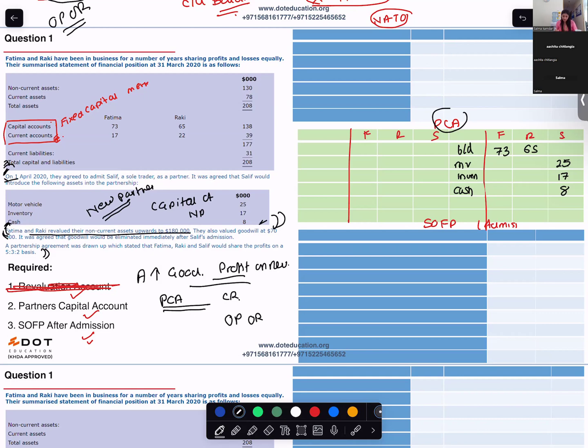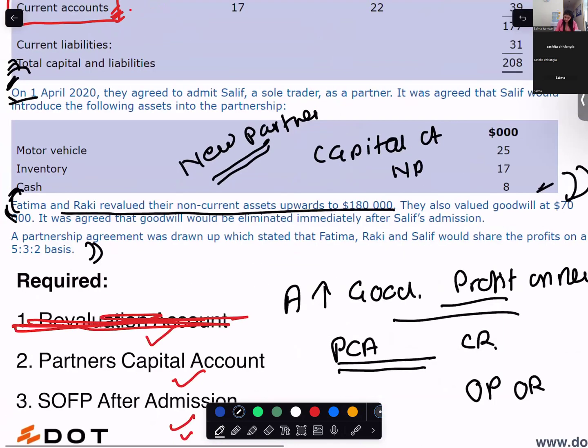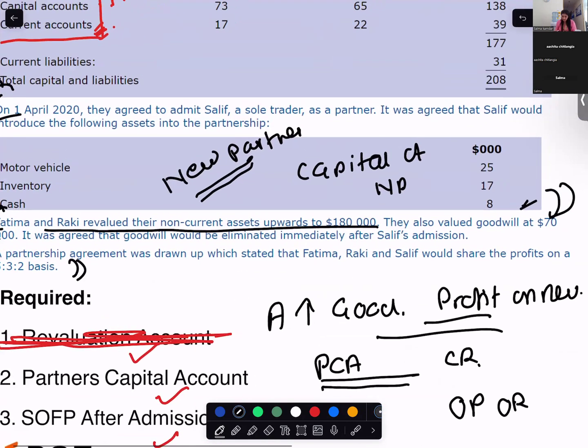What is the profit sharing ratio? The old profit sharing ratio is not given. Oh, equally, 50-50. So half. Can you tell me what the profit on revaluation is?